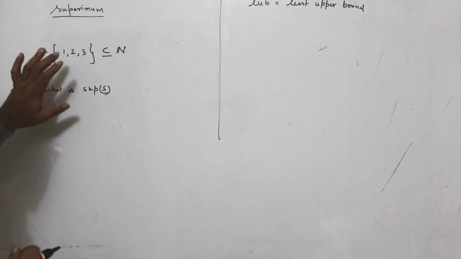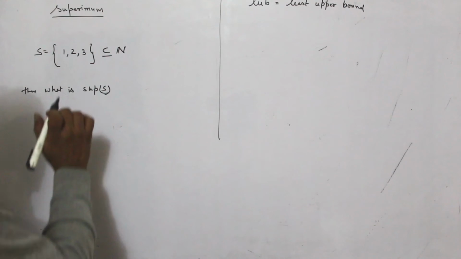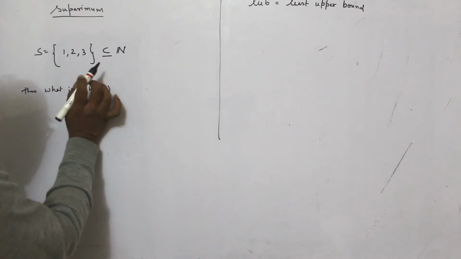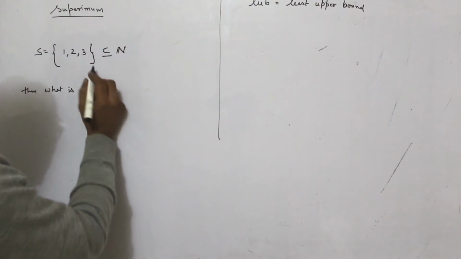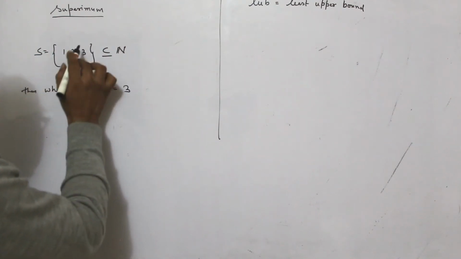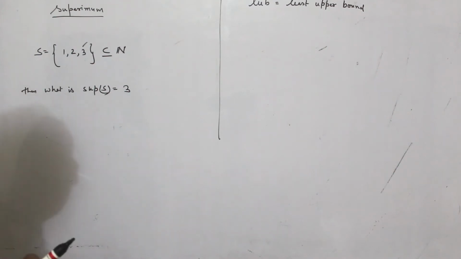So supremum is the biggest element in S. You see here you easily find the 3. 3 is the biggest number. That is the supremum of S.